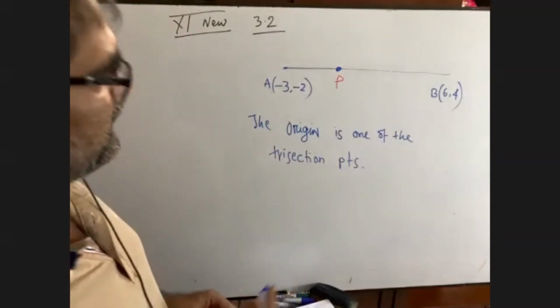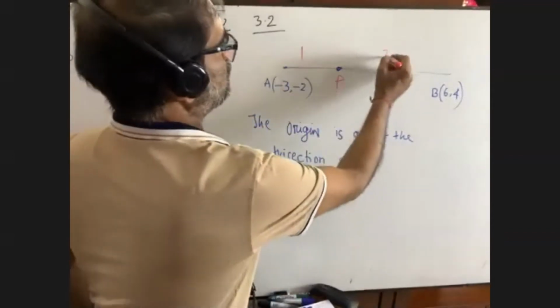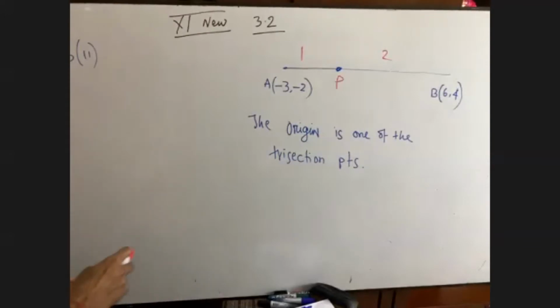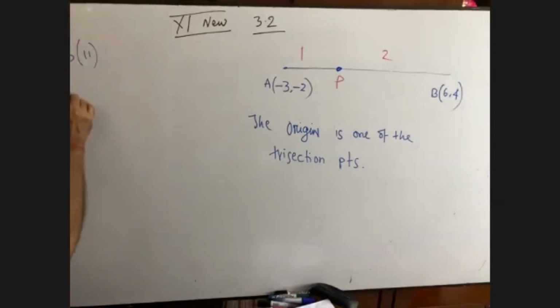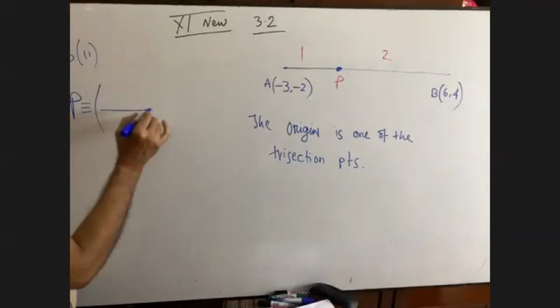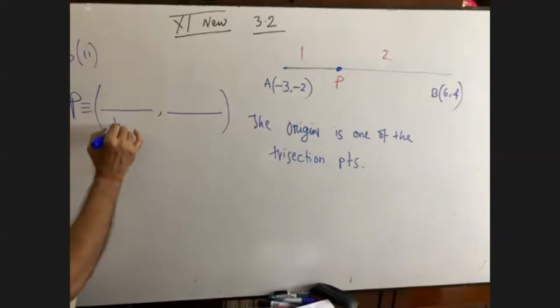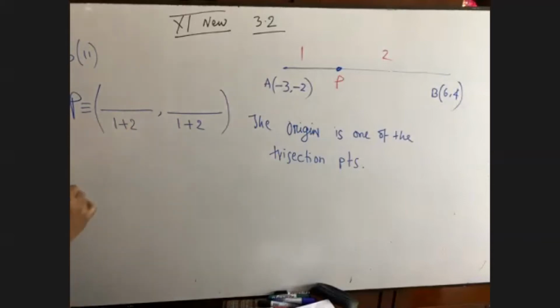Trisection points means if it is 1, then it is 2. 1 plus 2 equals 3, right? Yes, sir. Can we find P? P equals to what? What is the formula? It is 1 plus 2, right?